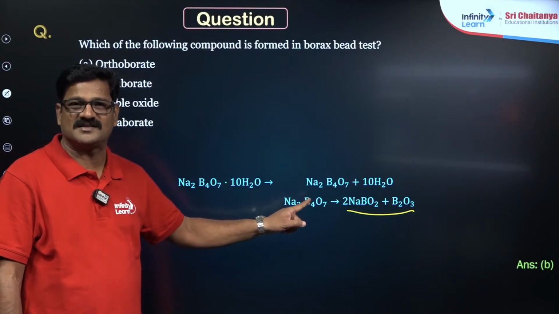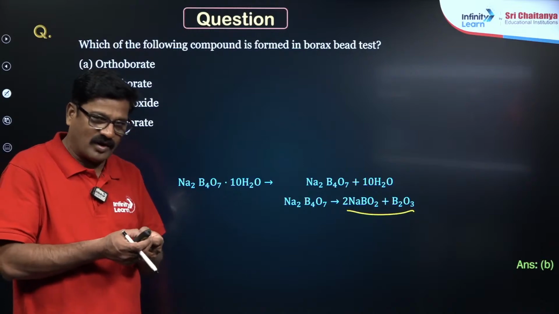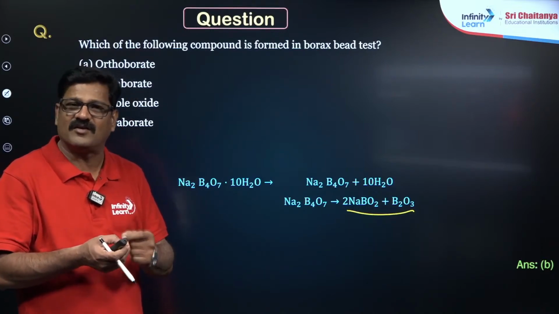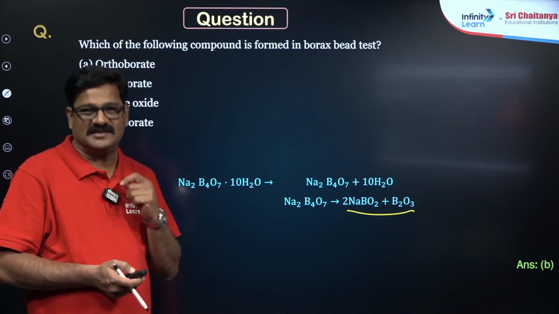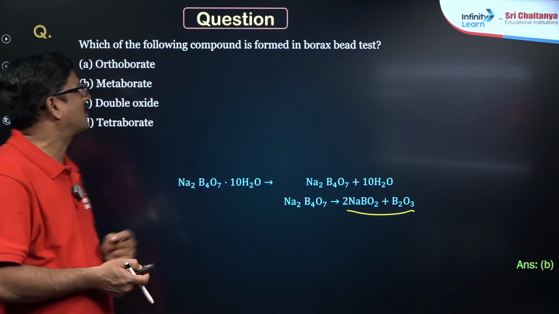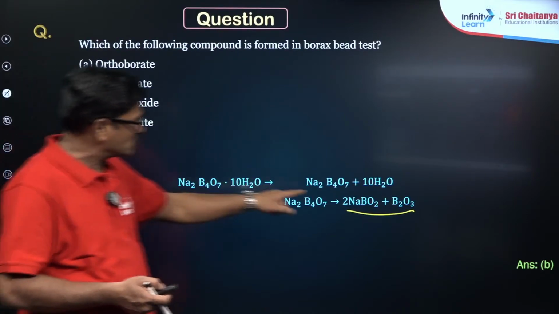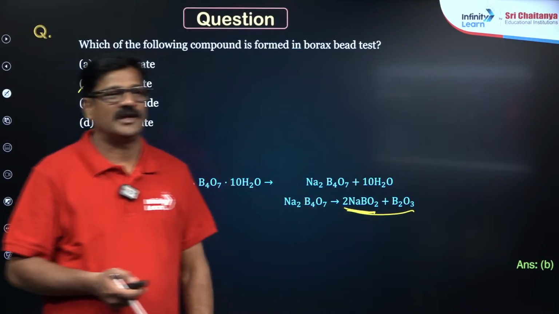When this colorless bead is hot and contacted with a colored metal ion, it gives a colored bead. So I can say B, sodium metaborate and boric anhydride.